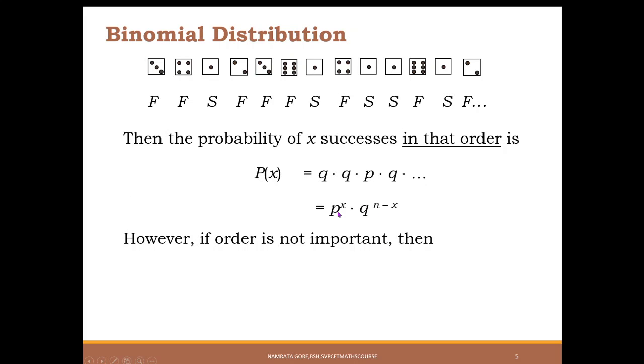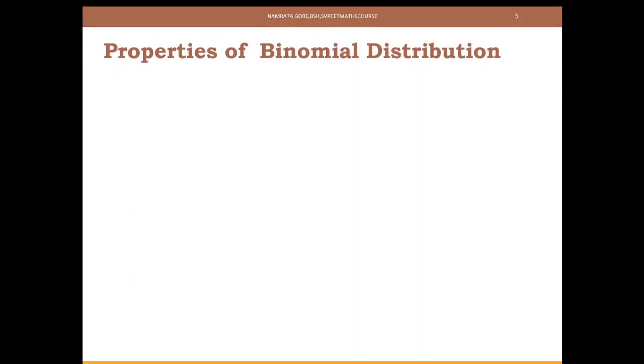So we will have different combinations of P to the power X, Q to the power n minus X, and therefore this probability will take the form nCx P to the power X, Q to the power n minus X, where n factorial upon x factorial into n minus x factorial is the formula for nCx. So this is the probability function given by binomial distribution.